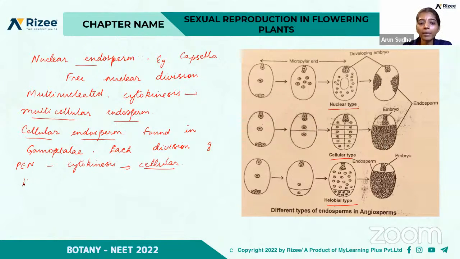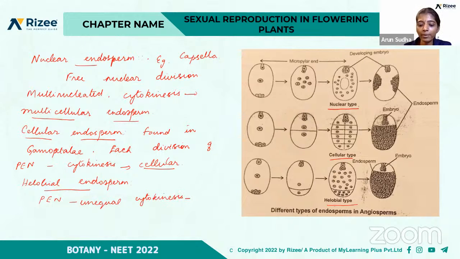Right. The third type is halobial. So it is a halobial endosperm. So here first, this primary endosperm nucleus division is followed by the unequal cytokinesis. First one is unequal cytokinesis.